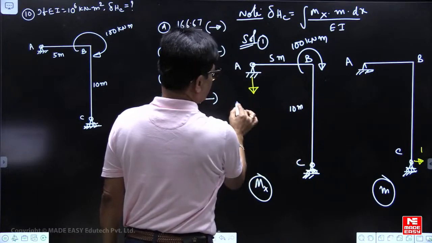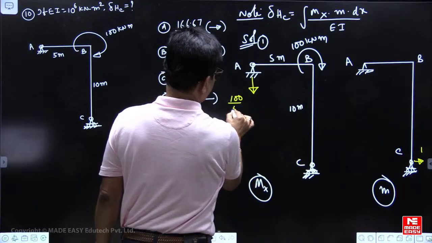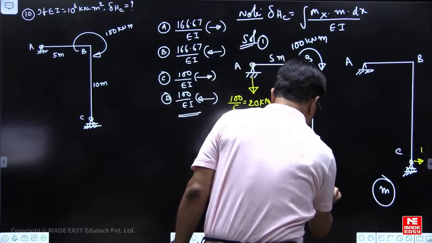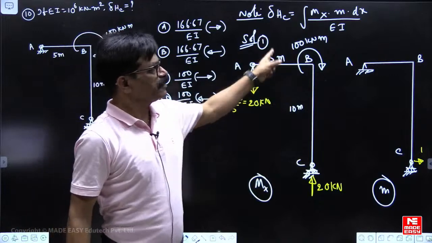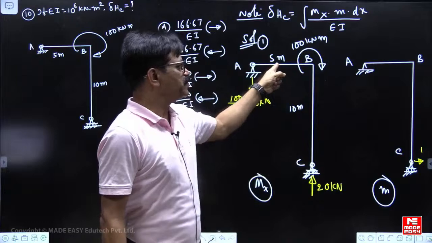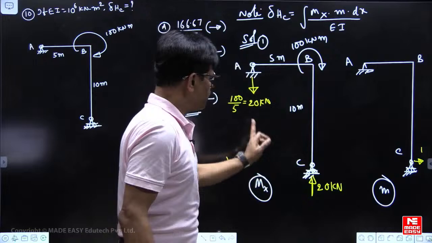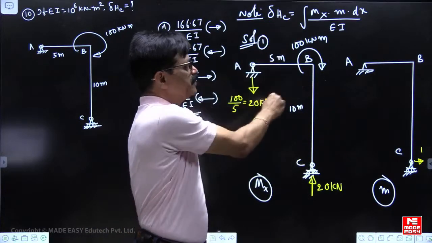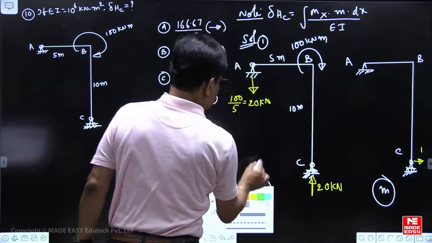M by L, 100 by 5. 100 clockwise, I will write here 100 by 5: 20 kilonewton down, 20 kilonewton up. This no issue. 100 clockwise. So reactions are m by L, 100 by 5. Length, this only we have to take because a couple is forming here. 5 meters couple only. So 20 into 5 is 100. Anti-clockwise 100, clockwise 100. Equilibrium. Over. Support reactions are only 2. Horizontal reaction here is 0.